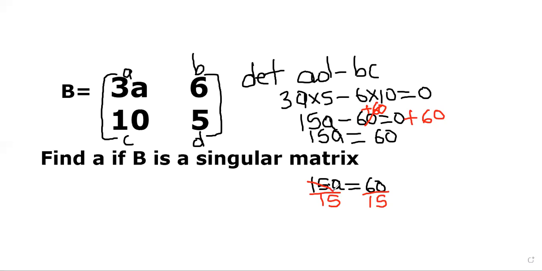It's almost 3 marks for you guys in the exam, all right? So we have A by itself now. So all we have to do now is divide 60 right here by 15. Because we get A by itself, and that is 4. So our answer would be A equals 4. All we're doing, guys, is searching for the number to make all this equation 0, A times D minus BC. So let's just check. 3 times 4 is 12. 5 times 12 is 60, minus 6 times 10, 60.